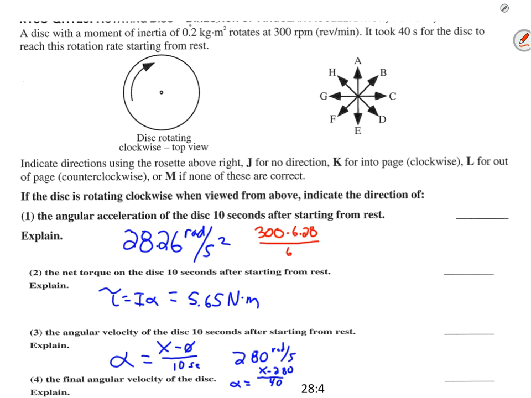But how do you go from angular velocity to acceleration? This is just going to get you the radians per second. So I don't know what that is, but that's radians per second. And then you got to put that back into the alpha equation.